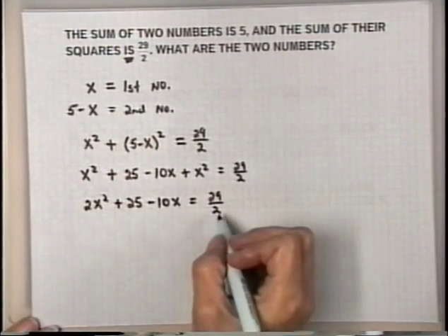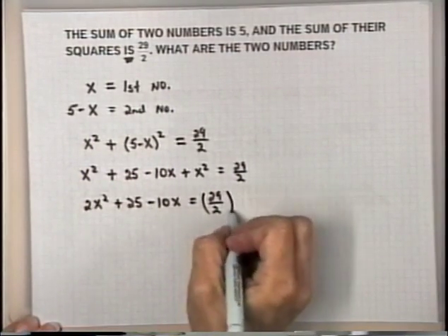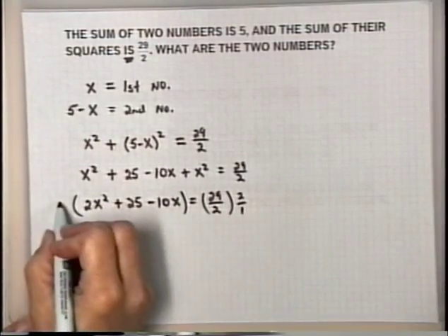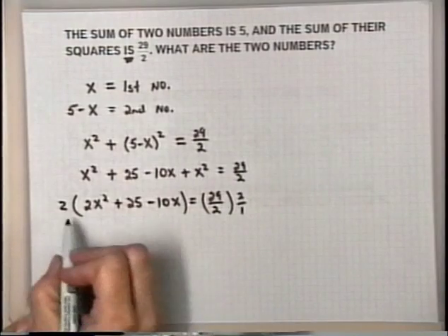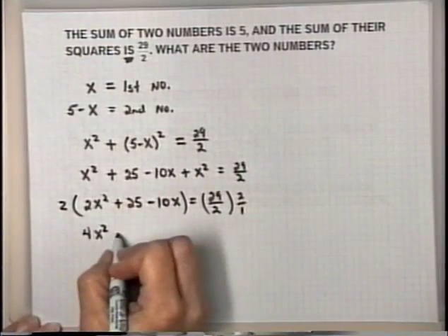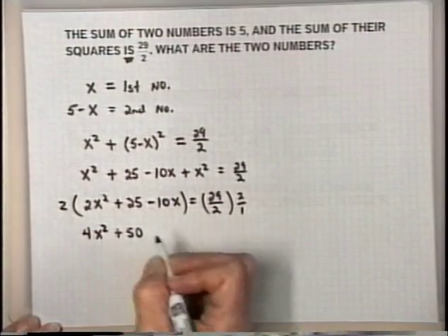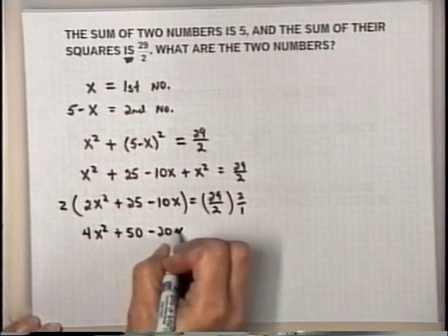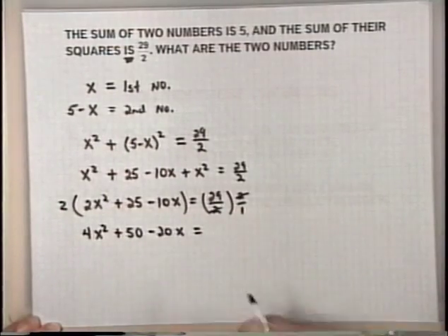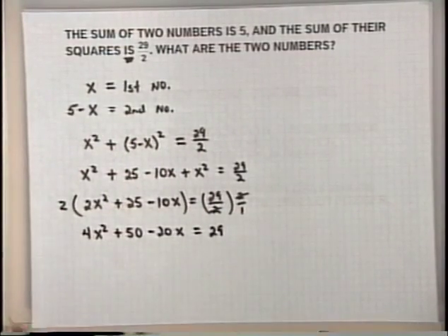Since we only have the one fraction, our common denominator is 2. So I'm going to multiply both sides of my equation by 2. Distributing over here, I have 4x squared plus 50 minus 20x. And on this other side, notice our 2's cancel, and so we have 29.